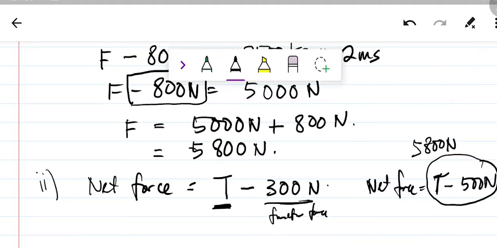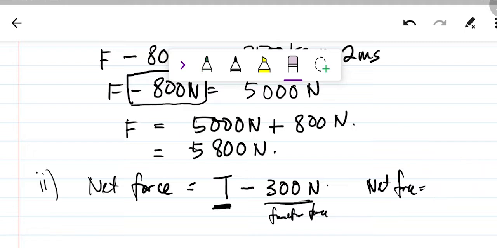Let me make that clearer. If we consider the car, we write 5,800 minus the tension minus the friction. Why do we need to minus the tension? Later we will get back to that. For now we focus on the caravan first.